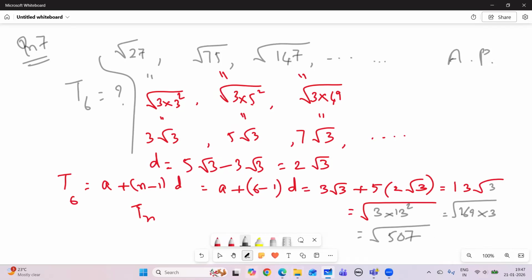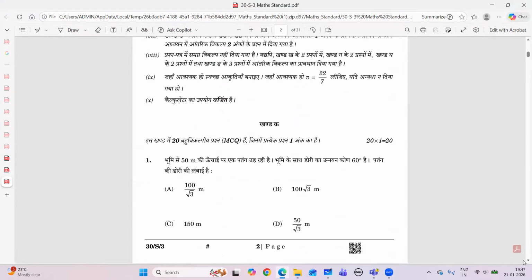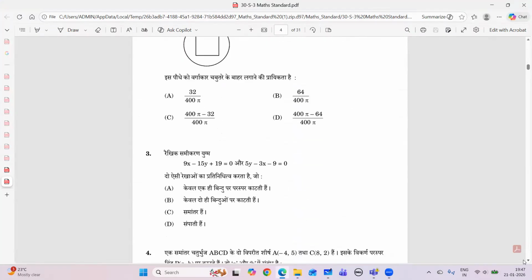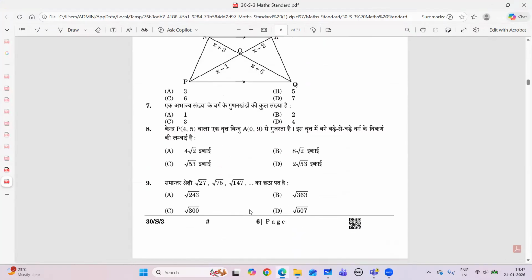So let us pick up the right choice. It is D, root 507.